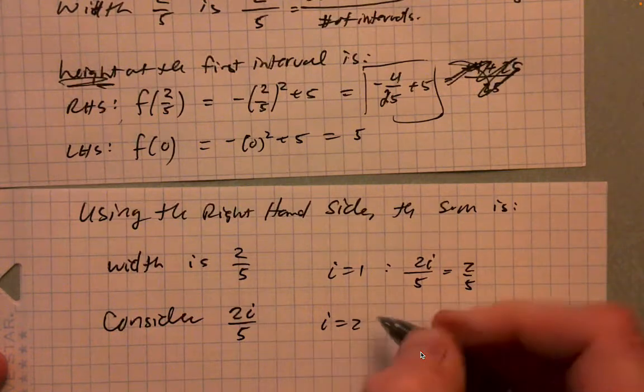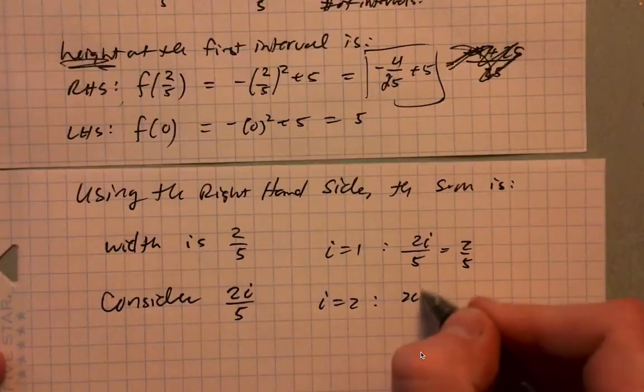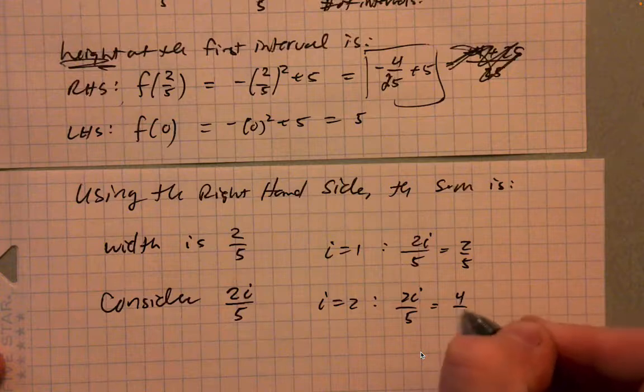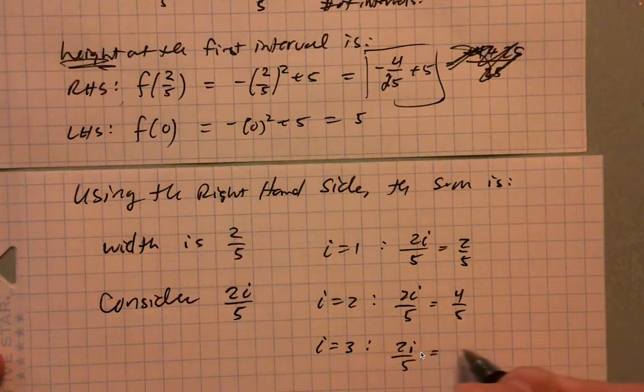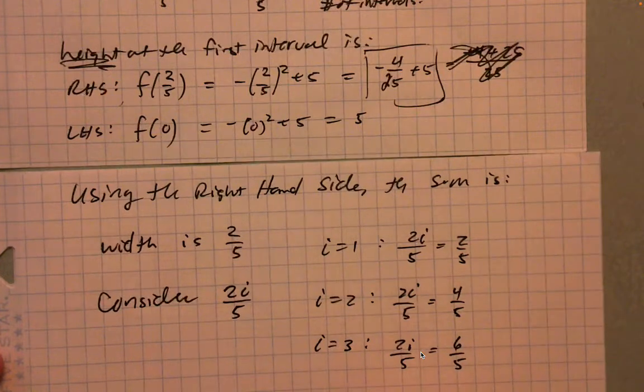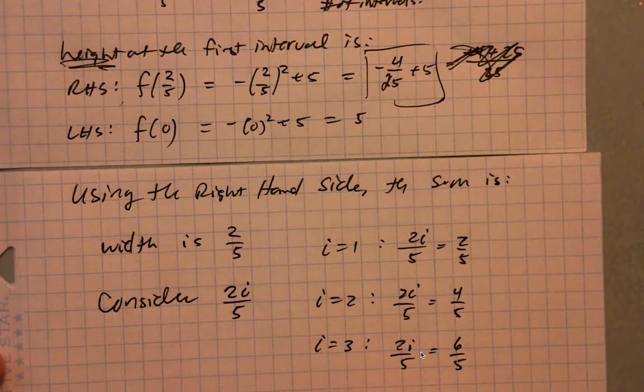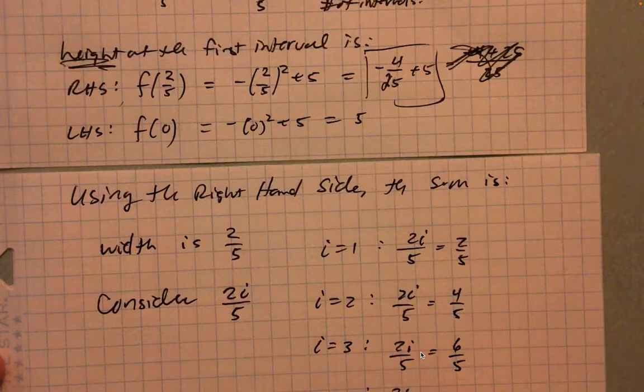If i is equal to 2, then 2i over 5 is equal to 4/5. If i is equal to 3, 2i over 5 is 6/5. Then i equals 4, i equals 5.